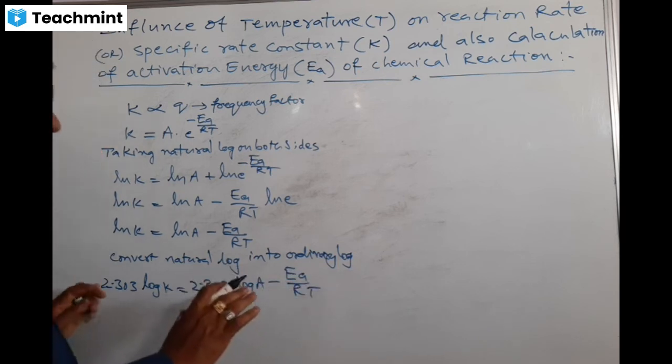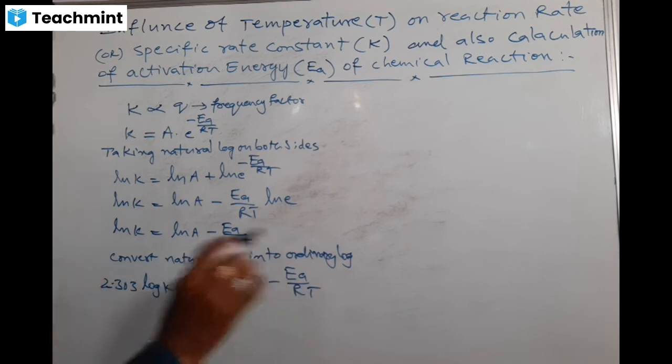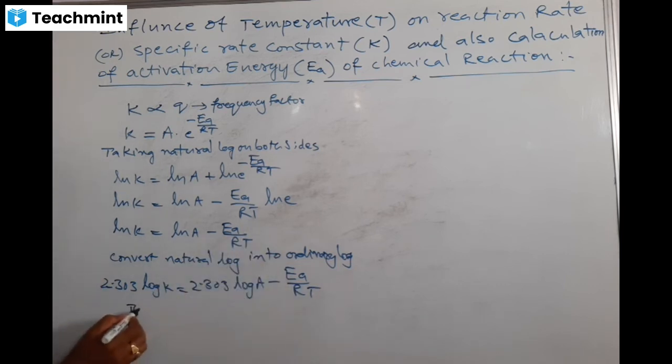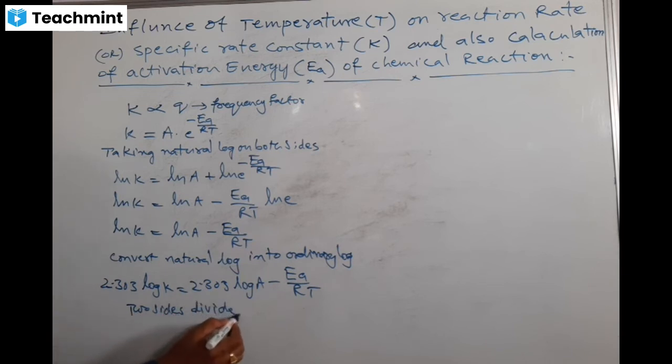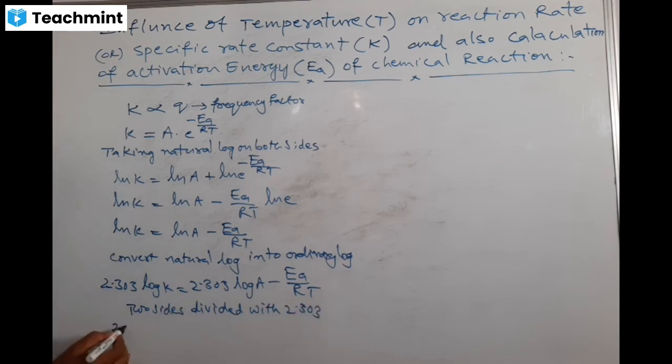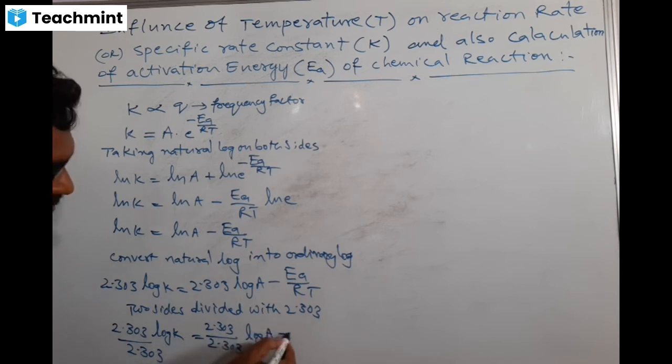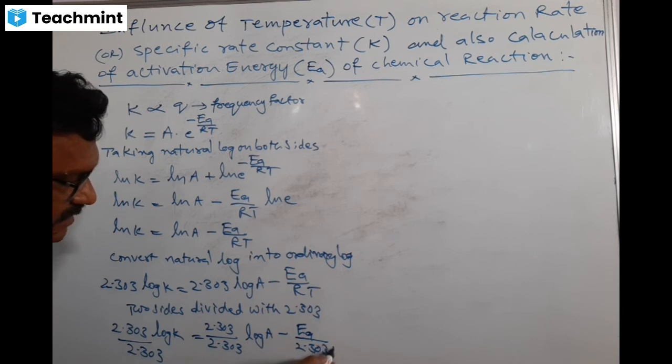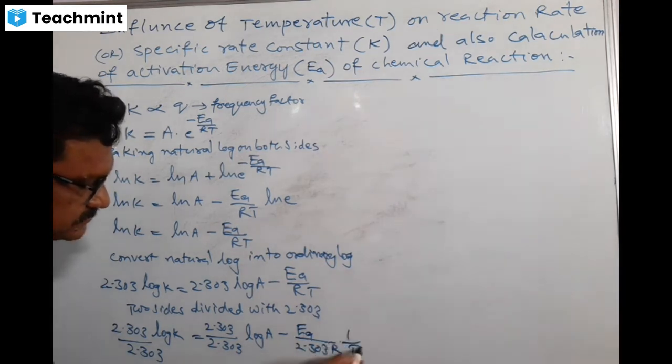Okay, on both sides you divide by the value 2.303. On both sides, so there is no change. Here what happens? 2.303 log K by 2.303 is equal to 2.303 by 2.303 log A minus Ea by 2.303 RT.